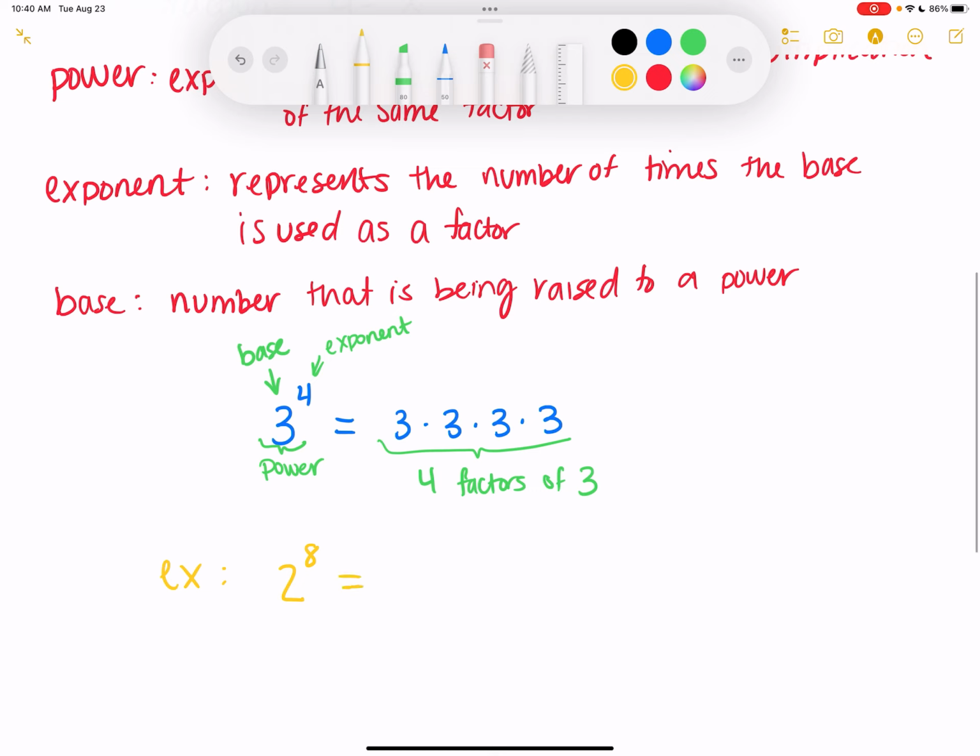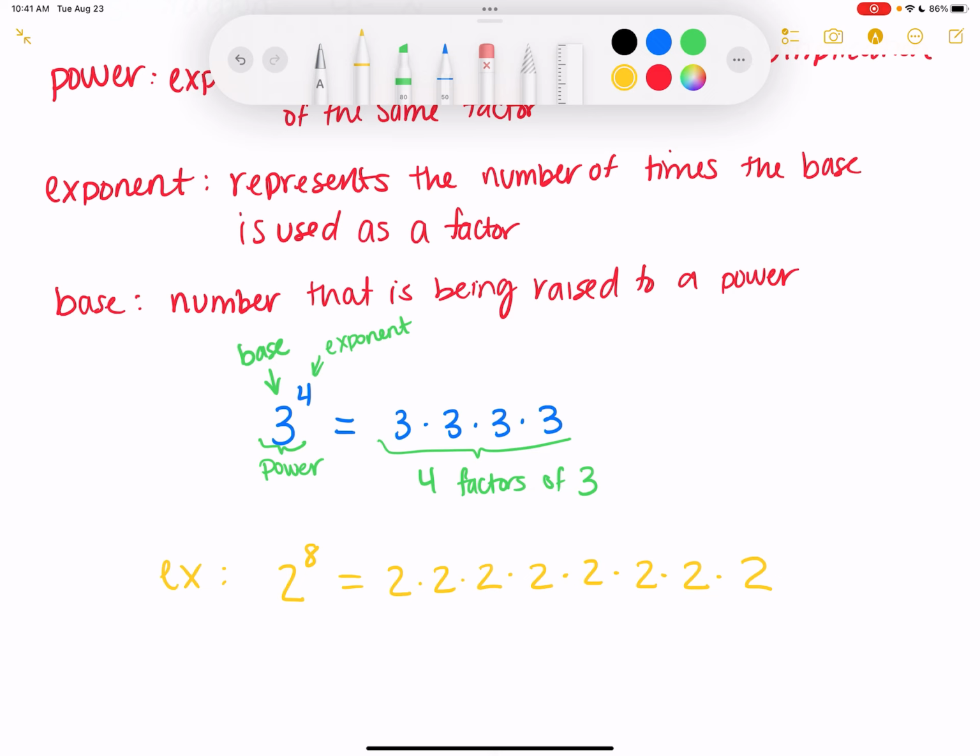This means that we have how many 2's? We have 8 2's, so it would be 2 times 2 times 2 times 2 times 2 times 2 times 2 times 2. I think that's 1, 2, 3, 4, 5, 6, 7, 8. So that's how many you would have.